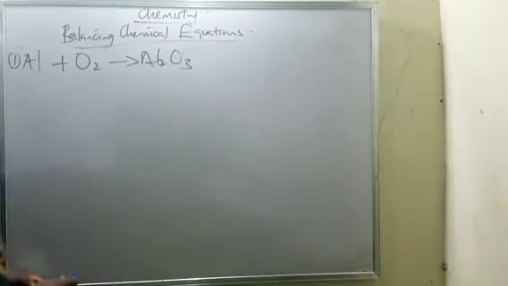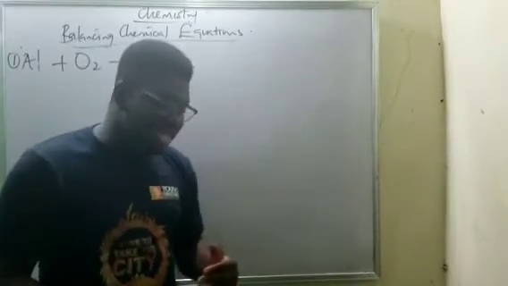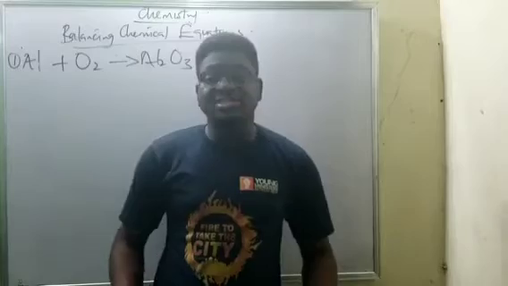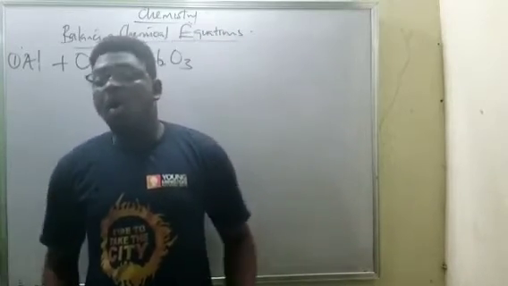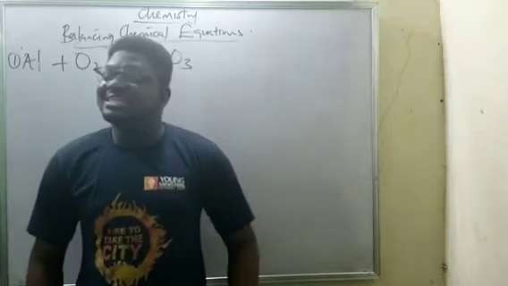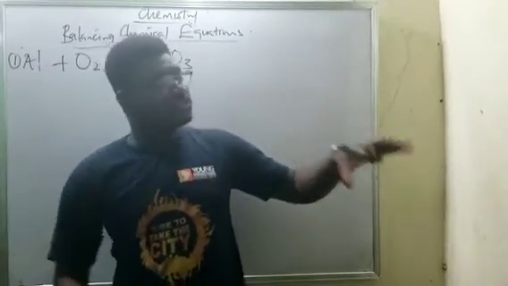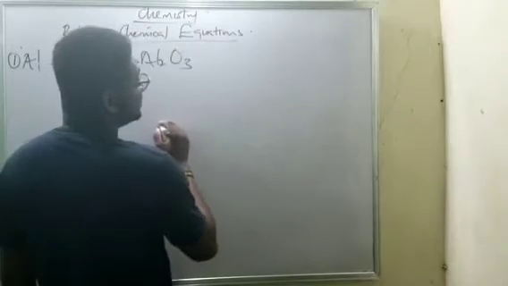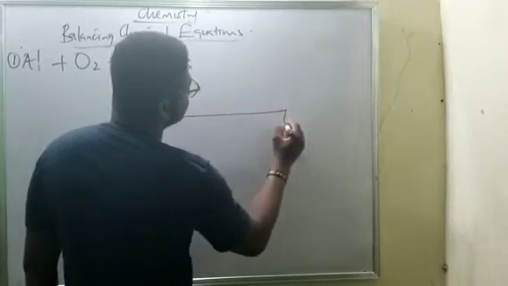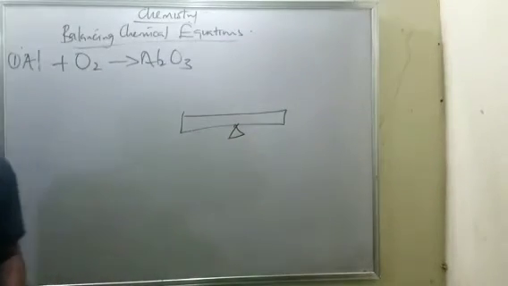And the concept of balancing chemical equations I would like to present to you is like a case of a seesaw, or a weighing balance. When you look at a seesaw, you realize that it is expedient that the weight on this side is equal to the weight on this side. Maybe I should represent this. This is the concept of balancing chemical equations.